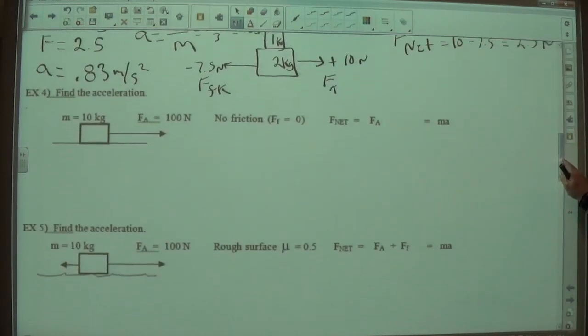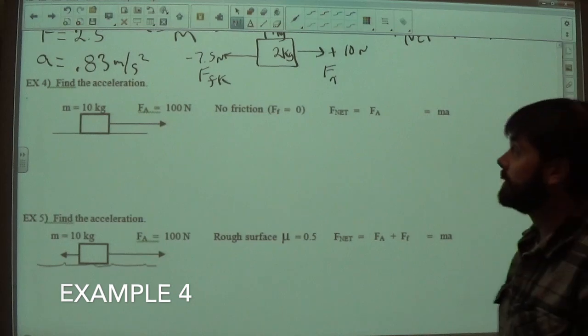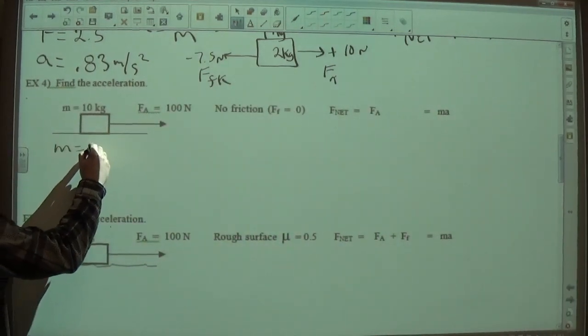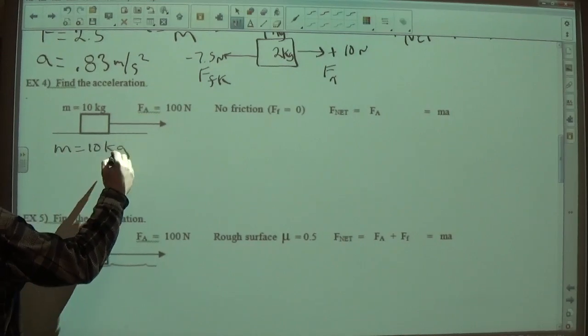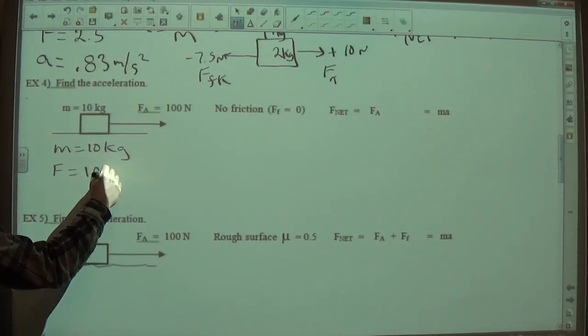And then example 4, they're giving us a block on a frictionless surface apparently, so there is no friction, so this would be kind of like an air cart or something being launched across an air track. They give us the mass to be equal to 10 kilograms. The force applied is equal to 100 newtons.